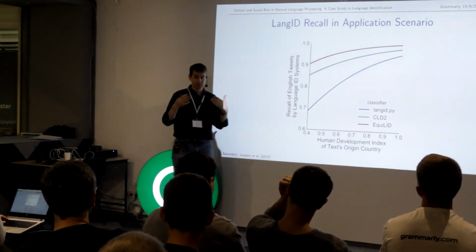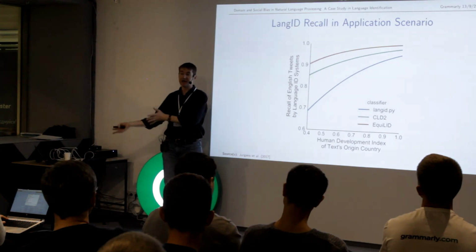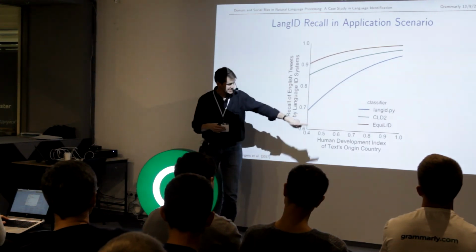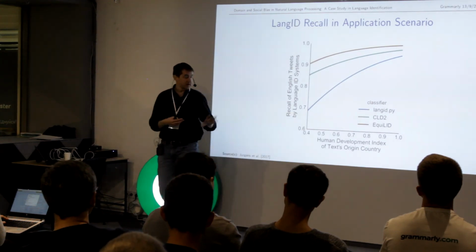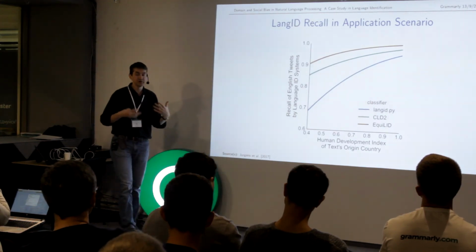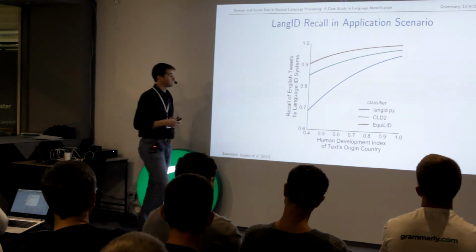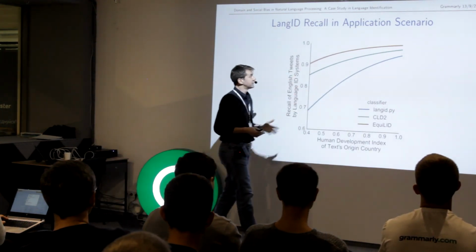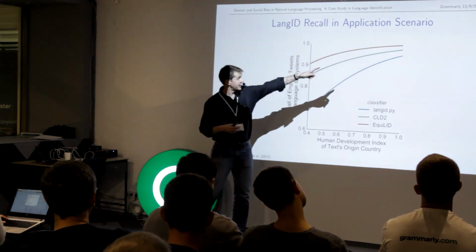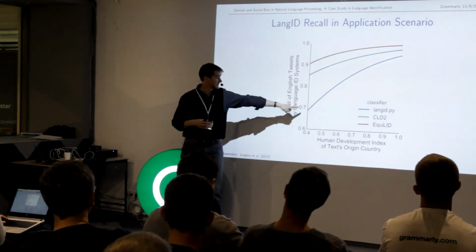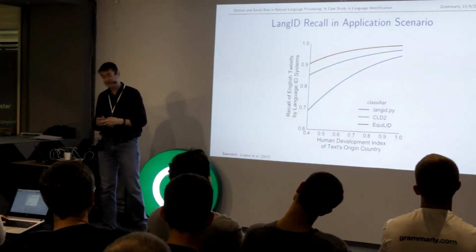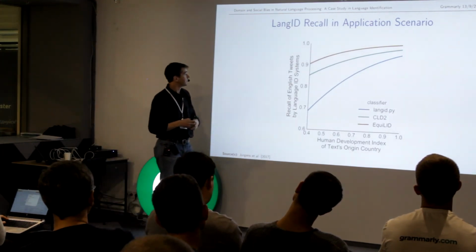What is the recall? So how much are we throwing out that we shouldn't have thrown out for our different systems? And we're going to, on the x-axis, then break that down based on an index of human development. So as much as I hate to say it, we're going to have Australia and the US up the right-hand end of there, and we're going to have places like Nigeria down the left-hand end. And very, very sobering graph.